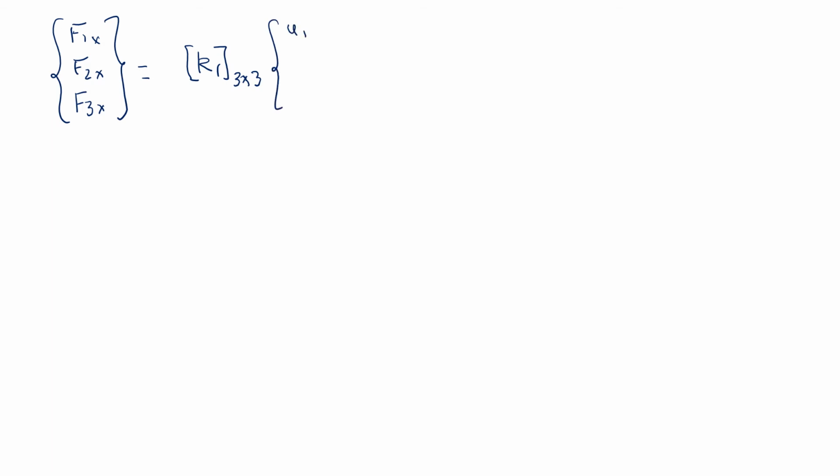So we can say that F1x, F2x, and F3x is equal to K1, the expanded 3 by 3, multiplied by the global degrees of freedom, U1, U2, and U3, plus the expanded K2, which is the 3 by 3, multiplied by U1, U2, and U3.